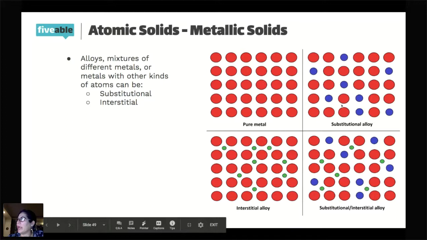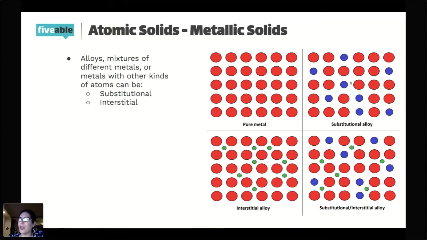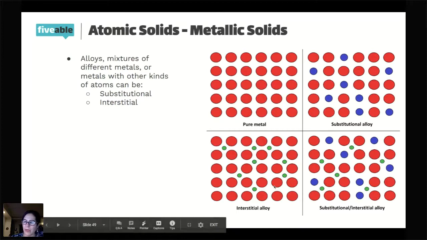On this corner, we have a substitutional alloy in which the main metal is introduced with another metal with atoms of similar size, and an interstitial alloy. It's the main metal introduced with another metal or with different atoms of smaller size, filling the gaps that are left by the general arrangement of the metals.